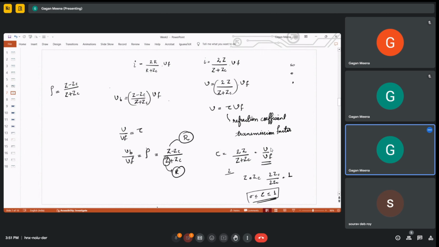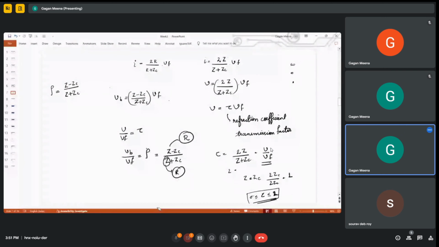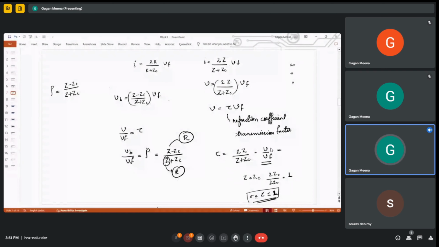It will be 2Z, Z we can take out common, it will be 1 plus ZC by Z. When it is open circuit, that means Z is infinity, so this term becomes 0 and tau becomes 2. Sorry, so tau is between 0 and 2. Because impedance can never be negative, it will always lie between 0 and 2.